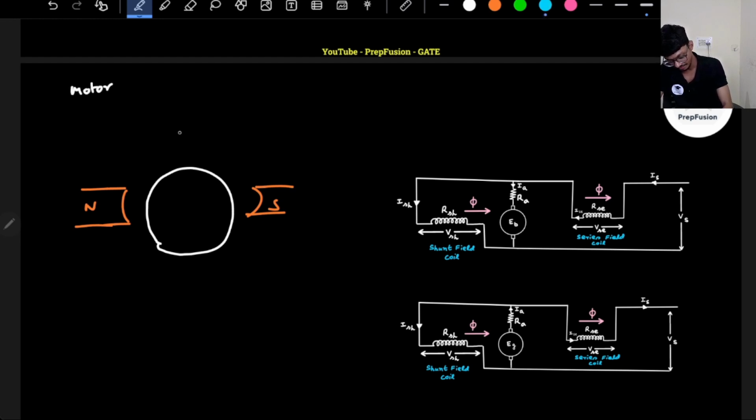Now here I will have an interpole, and here I will have an interpole at the bottom, along the GNA or MNA. Now tell me, what will be the polarity of the interpoles? The polarity of the interpoles in case of a motor will be the same as the leading poles.